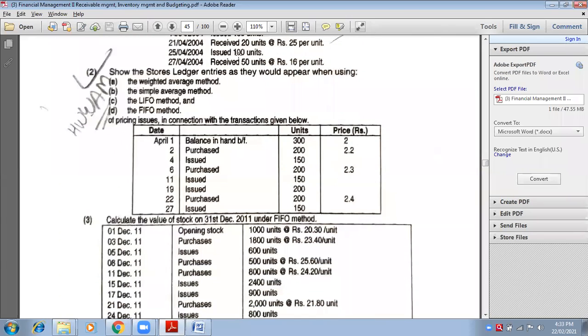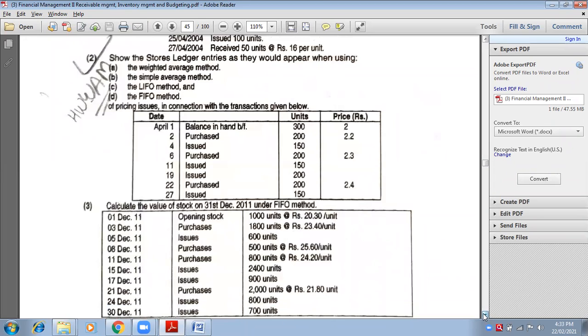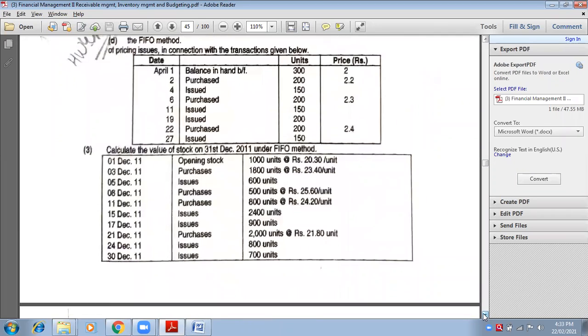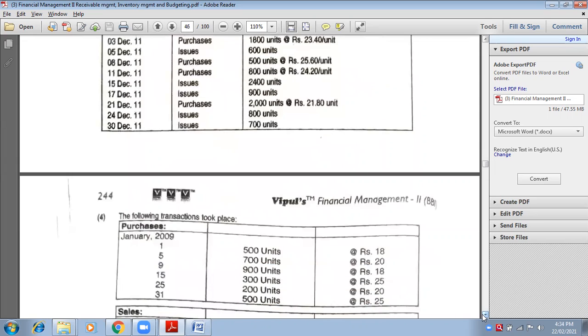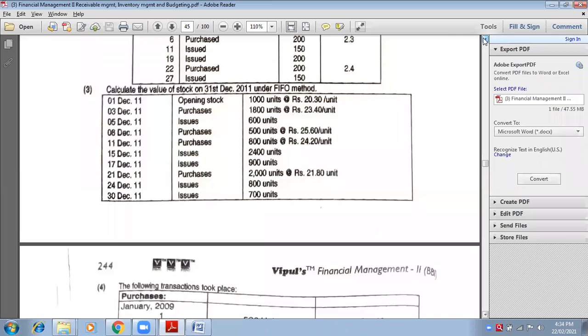You have to do the second, and the third question is also pretty nice. So sum number 2 and 3 with the FIFO method. Will you be able to do it? Yes, ma'am. Two sums.